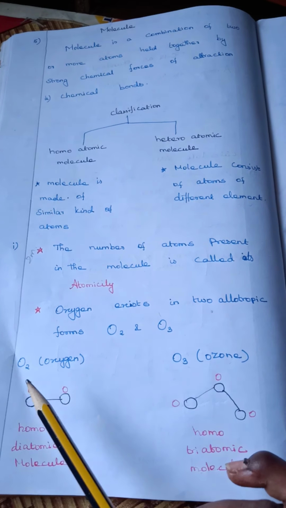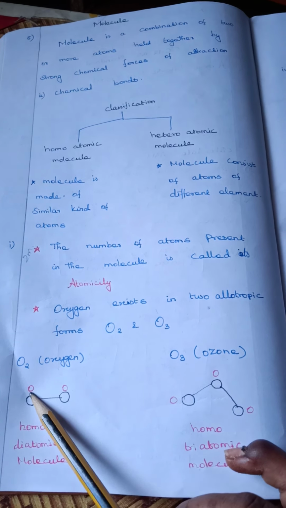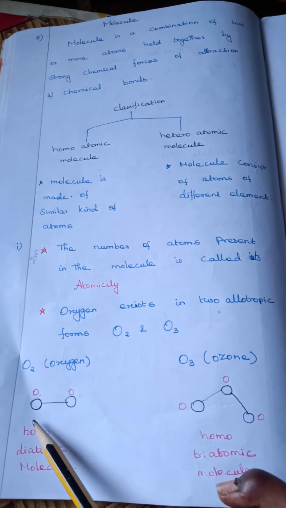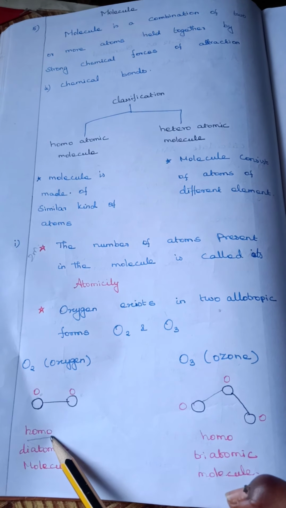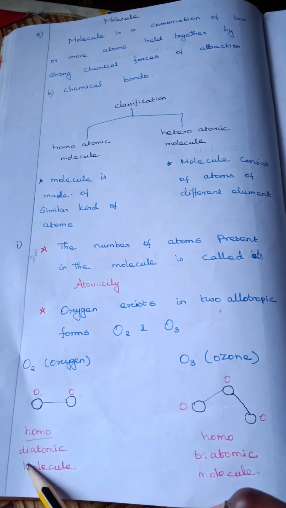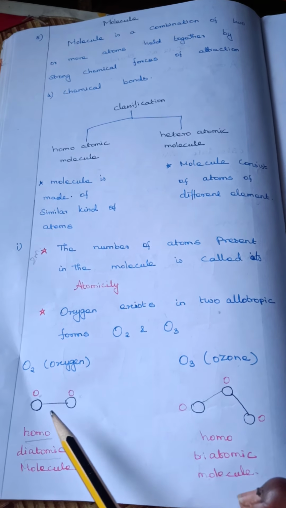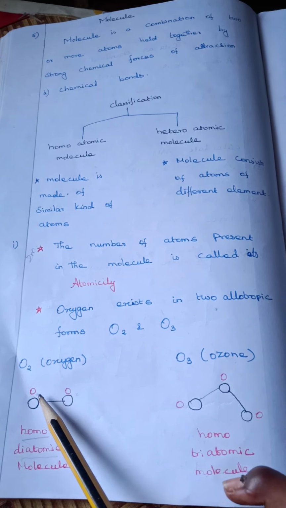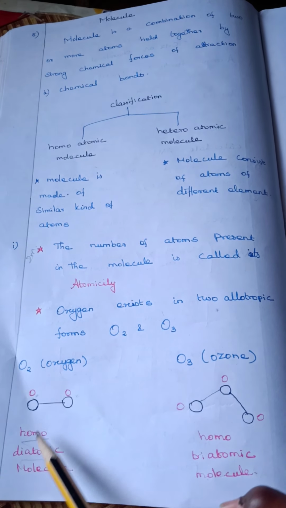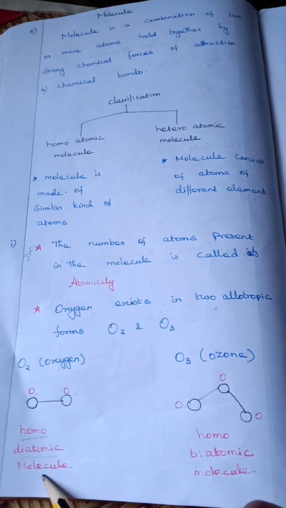The structure is OO, the same element. Okay. Homo, and two atoms are present here, so it is diatomic. So homo means same element, and two atoms present here, so it is a diatomic molecule.